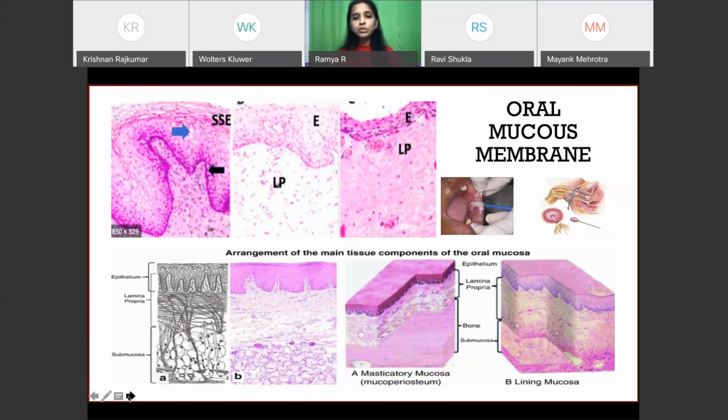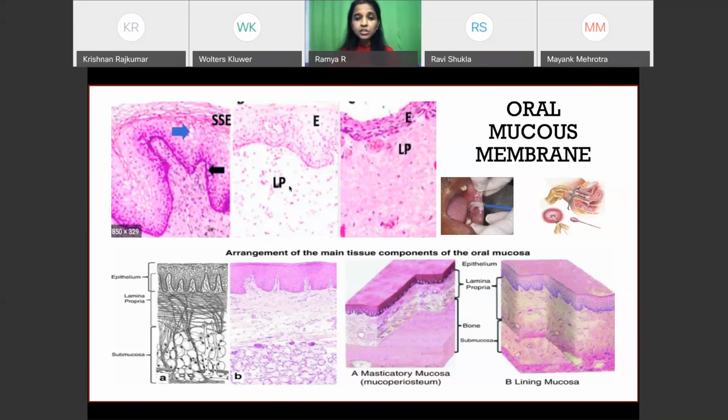But to date, oral exfoliative cytology is not considered a gold standard. Whereas at a similar location down under, the vaginal mucosa, the same procedure is conducted as a pap smear. You would all have heard about the pap smear, which is used for screening and is considered very successful, far more sensitive than what oral exfoliative cytology can offer.